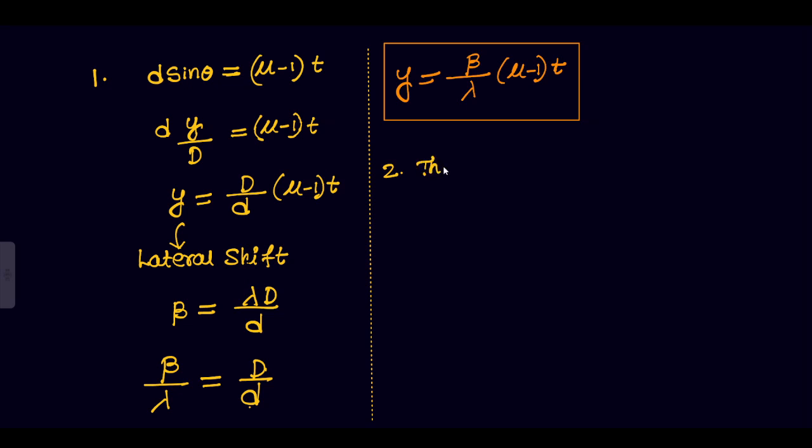We cross multiply here. T is equal to y lambda by beta into mu minus 1. This is the thickness of the sheet.